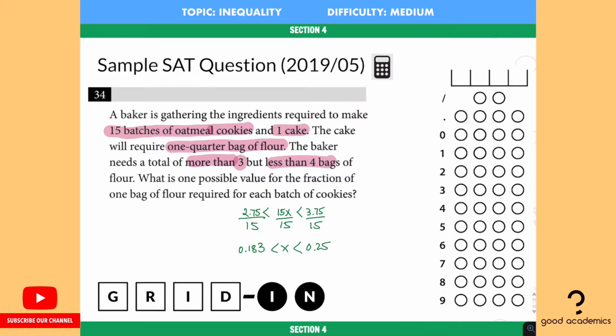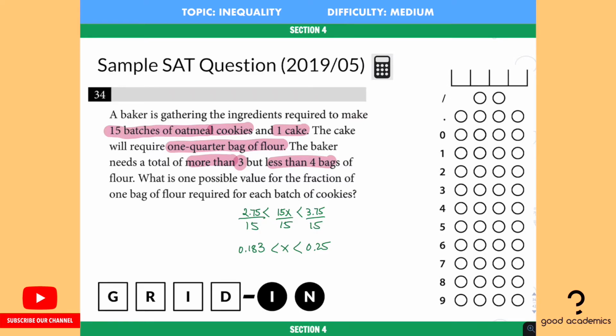So this inequality shows that to make one batch of cookies, you need at least 0.183 bags of flour, but less than 1/4 bag of flour, and that's all we need.